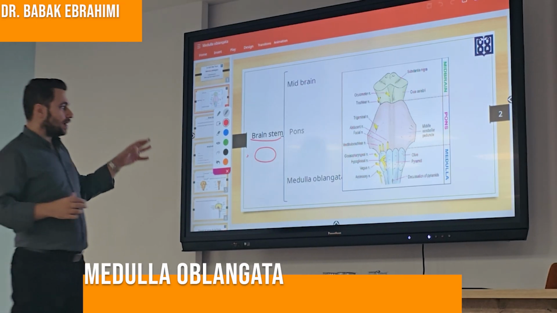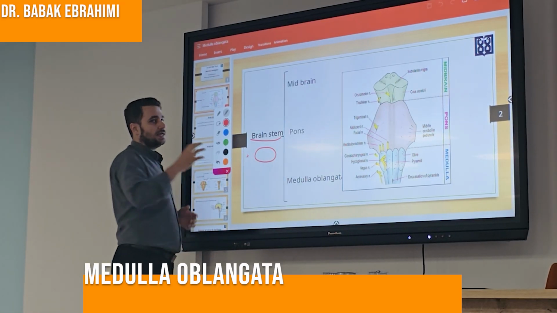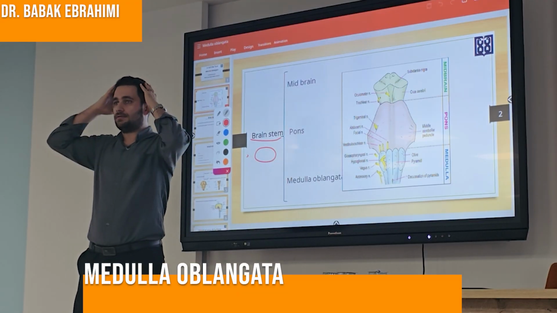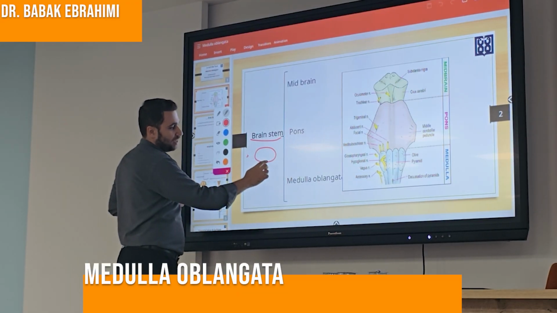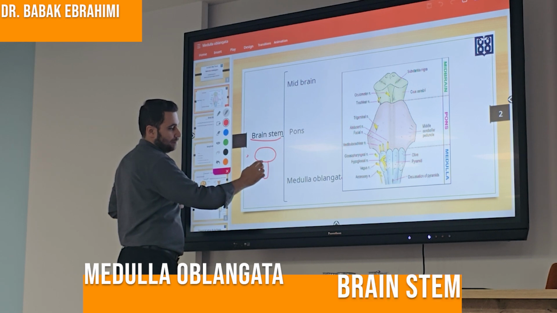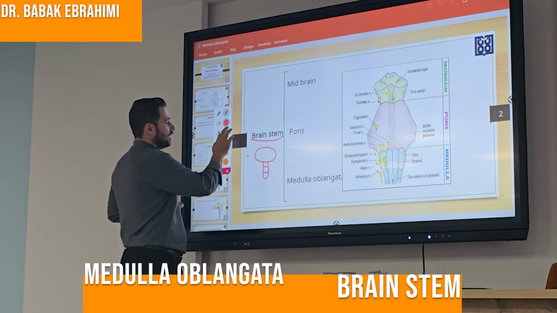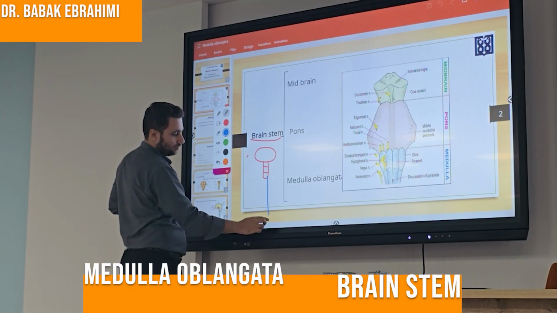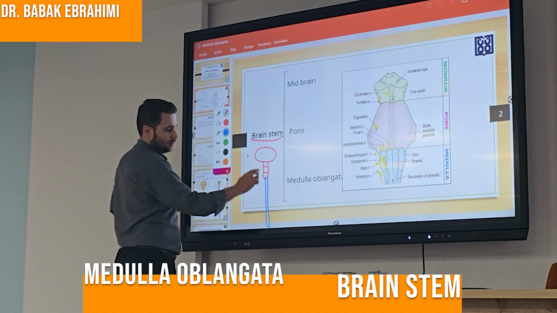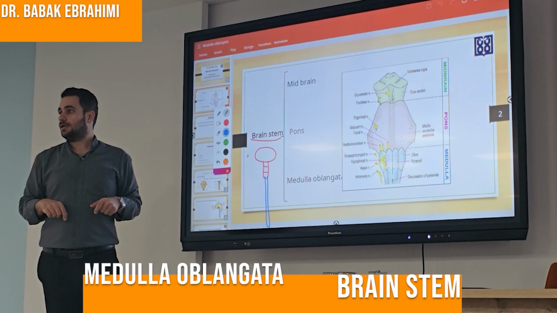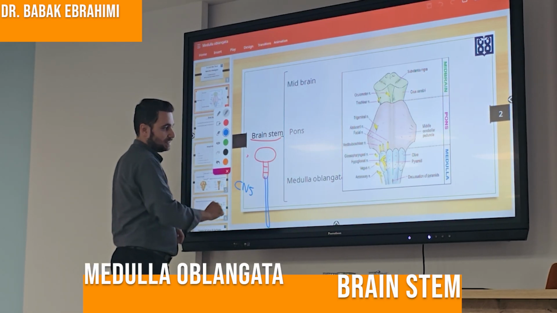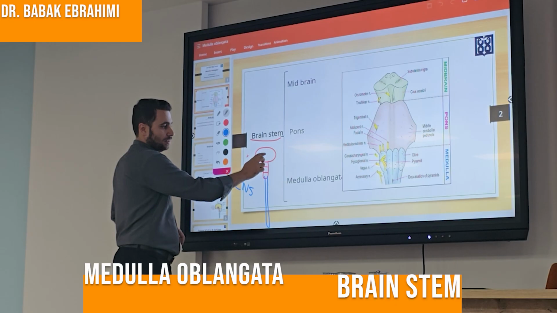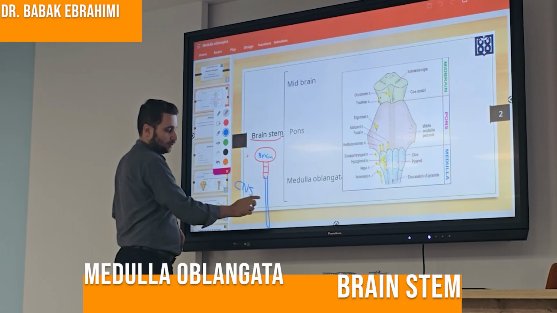In the brain, we have the cerebral hemispheres on the right side and left side. After that, we have the brain stem, and after that, the spinal cord. So this is the CNS, the central nervous system, brain and spinal cord.